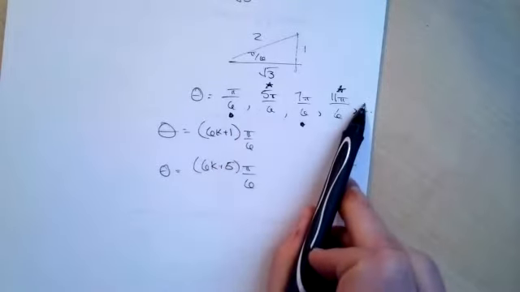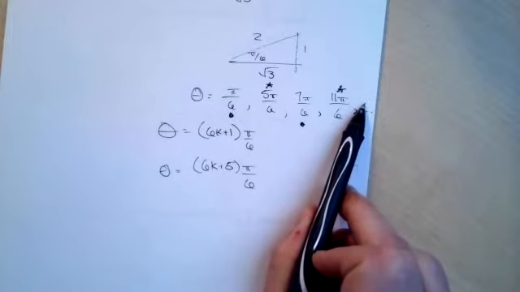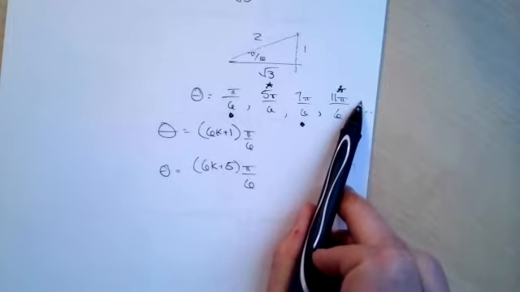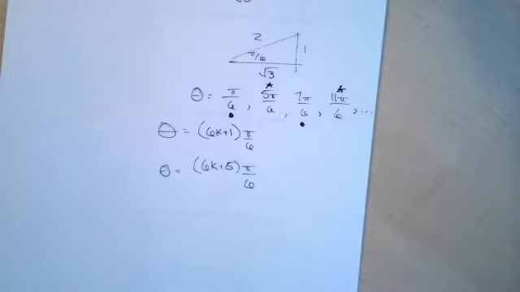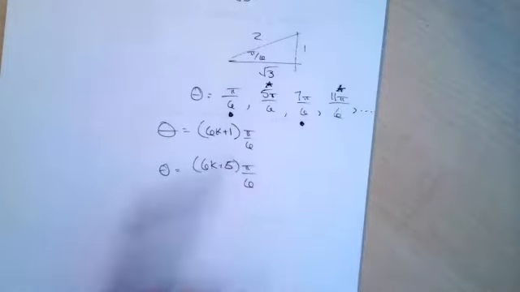Of course, the next one's 11, and then what's the one after that? Not 15, 17. So of course the distance between 5, 11 is 6. The next one will be 17 for that one.